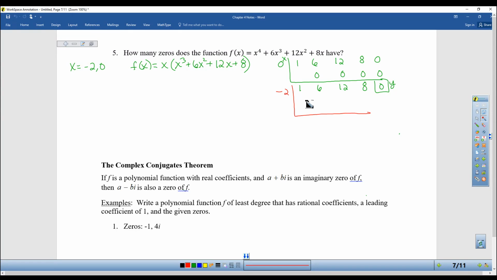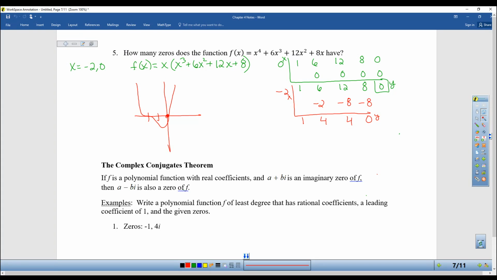So when I put in my negative 2, I add, multiply, add, multiply, add, multiply. And as we expected, when x is negative 2, y is 0. But what I was trying to say is because the graph flattened out, so at negative 2, it came down and kind of flattened a little bit before it went up right through 0 there.